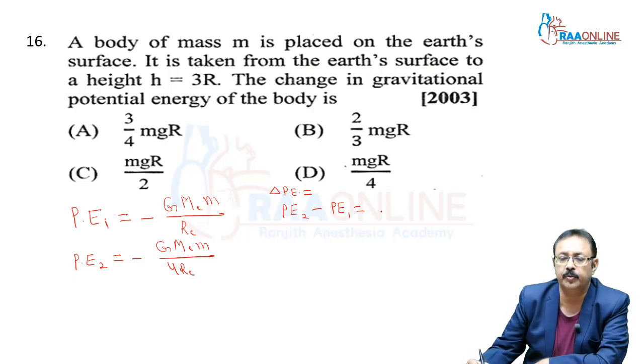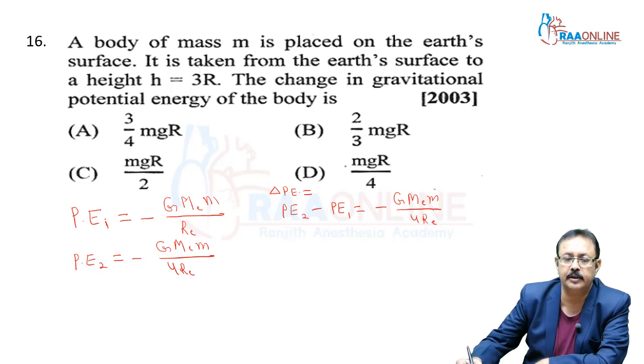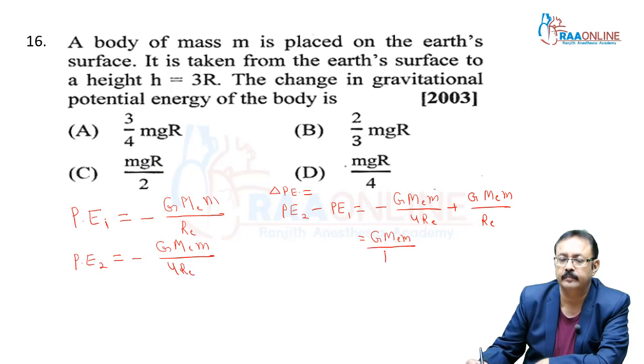What is PE2? Minus G Me m upon 4Re, minus minus plus G Me m upon Re. Take G Me upon Re common. Minus 1 by 4 plus 1.